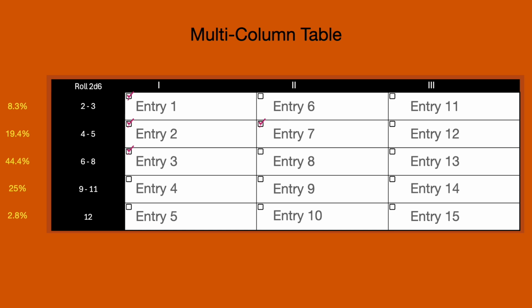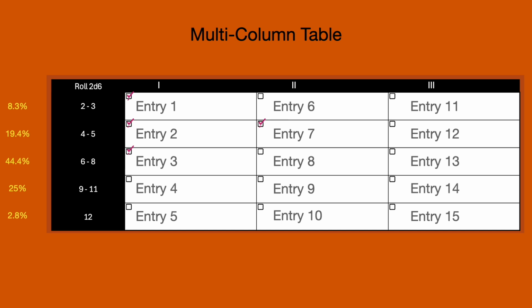And then the next time we have a dungeon event, we roll again. Let's say we get a 3. And so entry 1. And we resolve whatever entry that is and proceed on. The next time it's a 4. So we get entry number 2. So far we've gotten 3 out of the 5 entries in column 1.